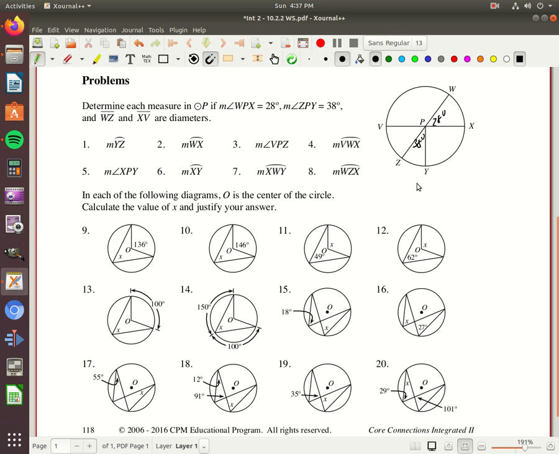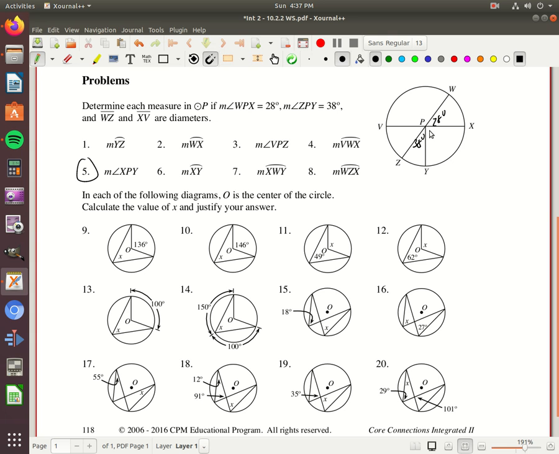So if we go through, let's go ahead and grab XPY. Where's the one where they're asking for XPY? Let's go ahead and answer this one. So I hope that you guys all agree that these are 3 supplementary angles, meaning that these 3 altogether add up to 180.